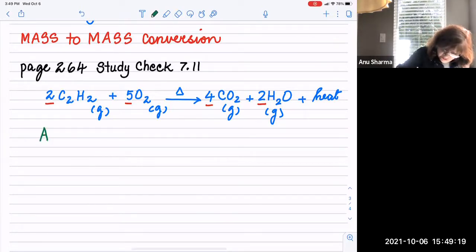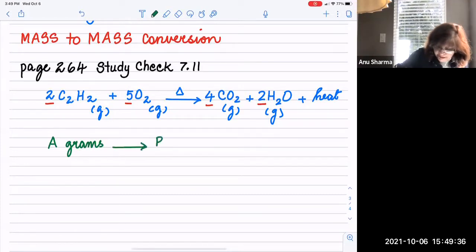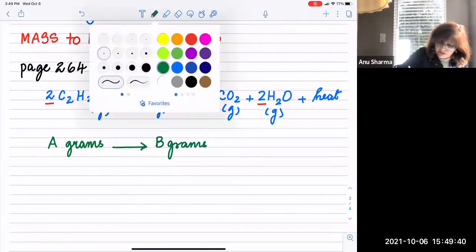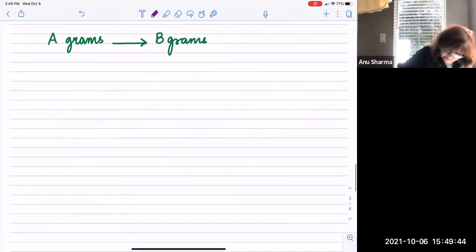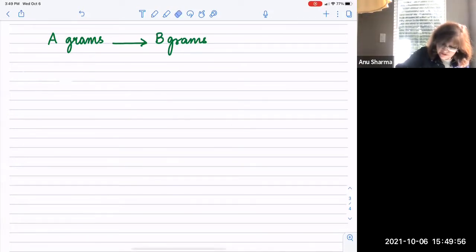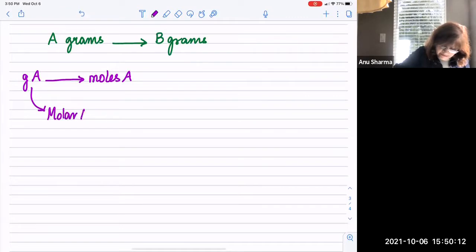So A needs to be converted to B. The grams of A needs to be converted to the grams of B. So this is going to be your roadmap: you take grams of A and convert that to the moles of A using the molar mass of A. Then that converts to the moles of A.